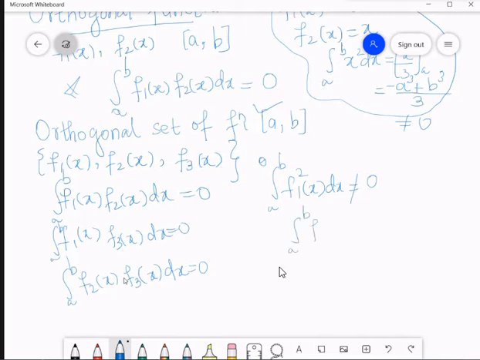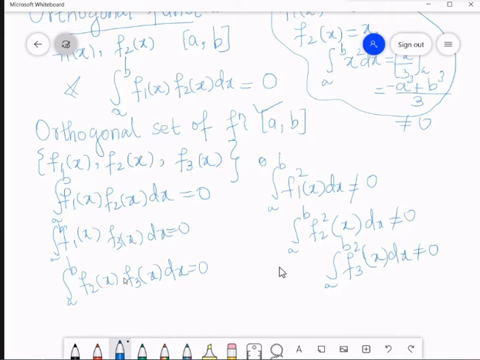Similarly f2 square of x should not be 0, and f3 square of x should also not be equal to 0. This is what we mean by an orthogonal set of functions where we have three functions.